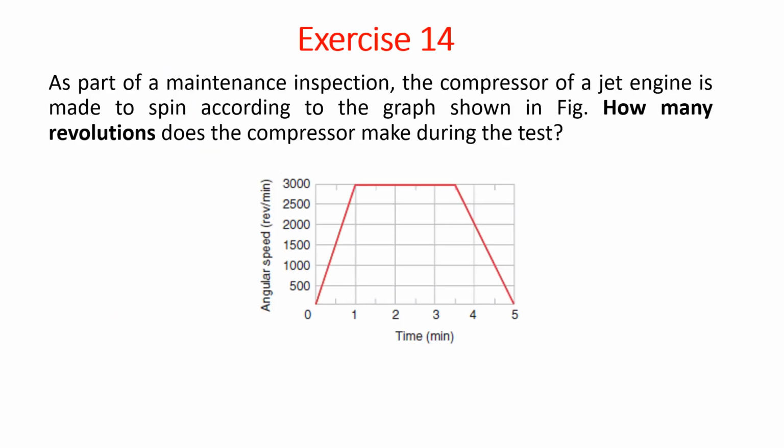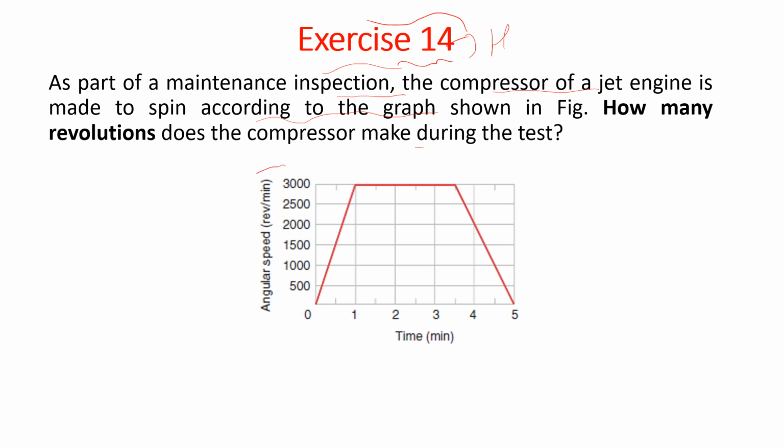Now this is the second exercise related to this topic, which is exercise 14 from your fascinating book Halliday and Resnick. As a part of maintenance inspection, the compressor of a jet engine is made to spin according to the graph shown in the figure. We just need to find the revolutions that the compressor made during the test.